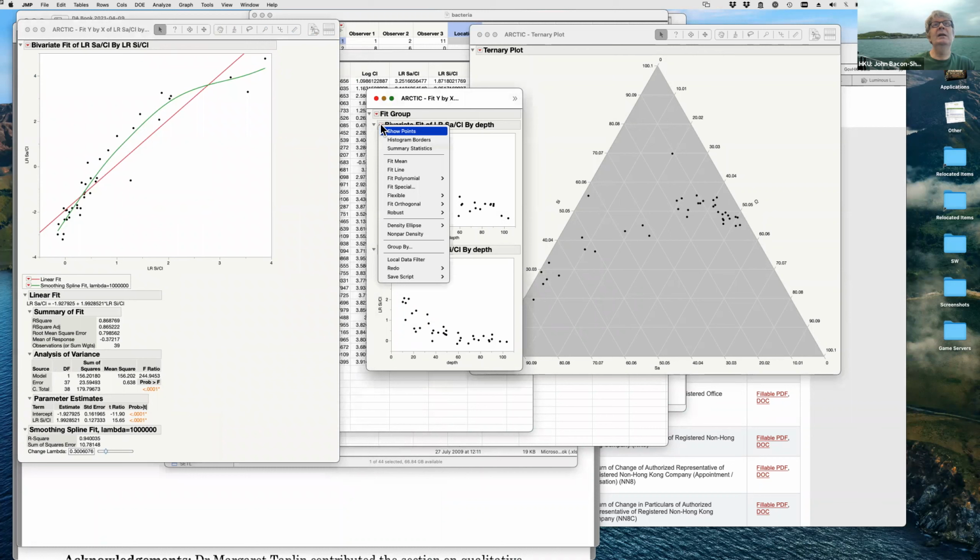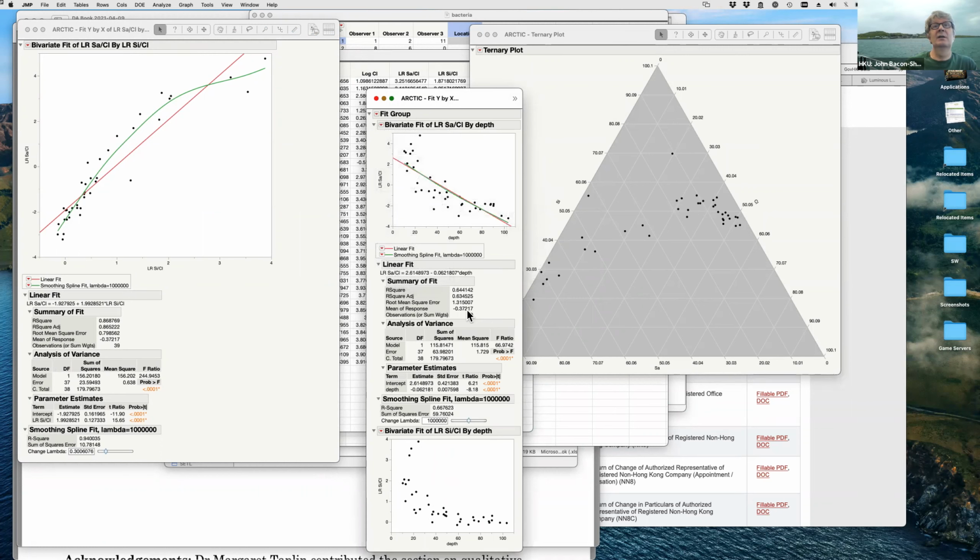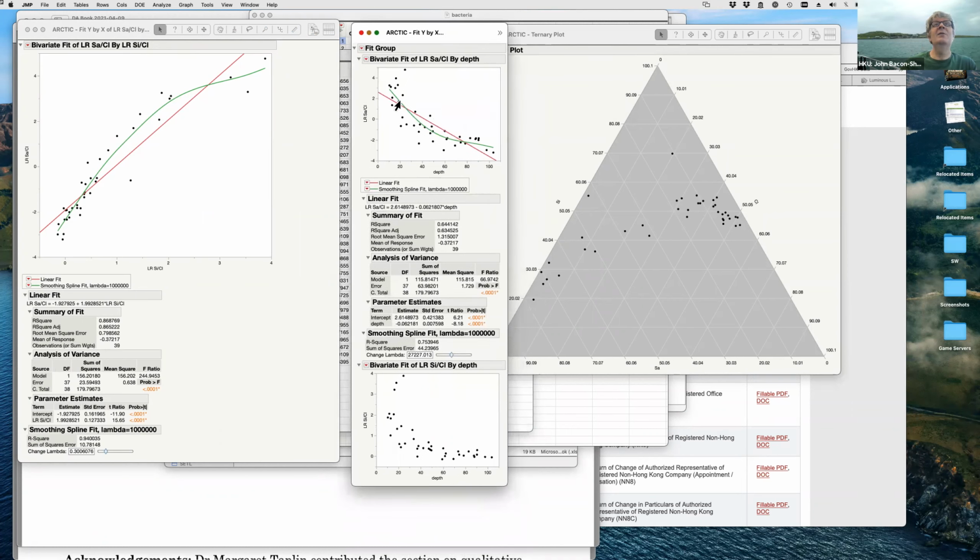The first one here, again, the line is not very good. You can see this is not particularly linear. Let's again fit a smoother. I fit a smoother, you can see there is some nonlinearity here, but there does appear to be a pattern that as the depth increases, the sand to clay ratio is going down, right?